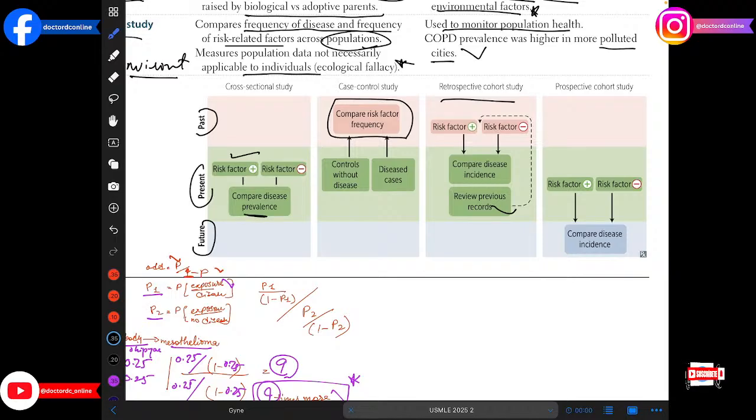In prospective cohort studies, we check the effect of risk factor of the present and compare the disease's incidence. The cohort study can be prospective or retrospective, but the risk factor has to be present before the disease development. It's all about observational studies.